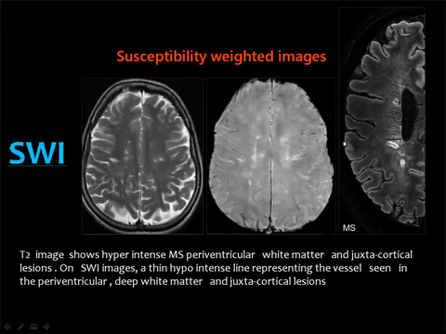They said that the MS plaques occur perivenular, I mean along the axis of the vein. The susceptibility weighted image is capable of demonstrating blood vessels, so you can see the blood vessel and you see the plaque oriented along the course of the blood vessel.